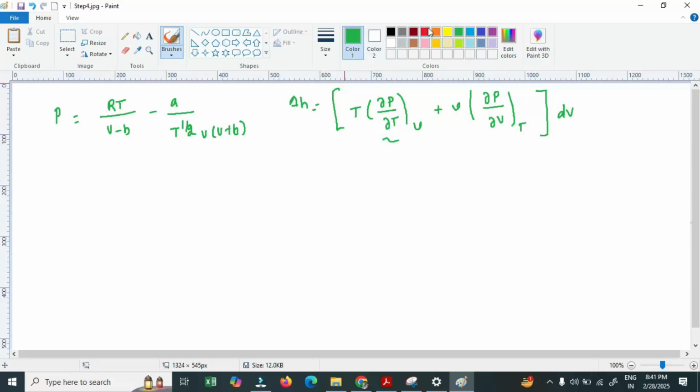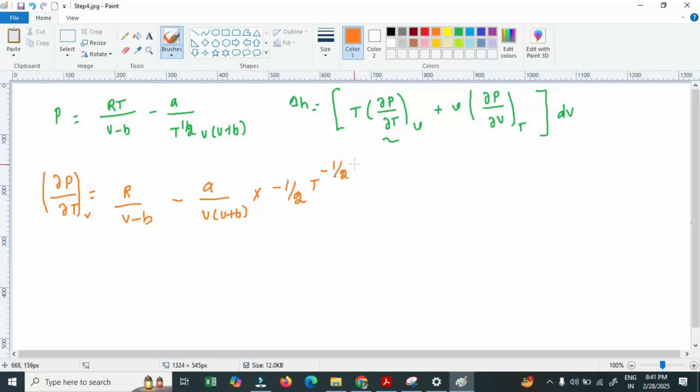Okay, let me change the color. So dou P by dou T, I want to differentiate with respect to temperature at constant volume. So this differentiated with respect to temperature at constant volume becomes R divided by V minus B, and here minus A divided by V plus B is a constant multiplied by minus 1 by 2 T power minus 1 by 2 minus 1.